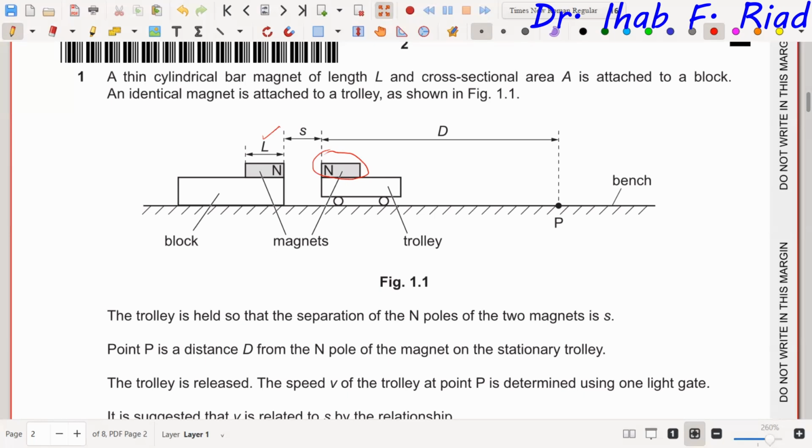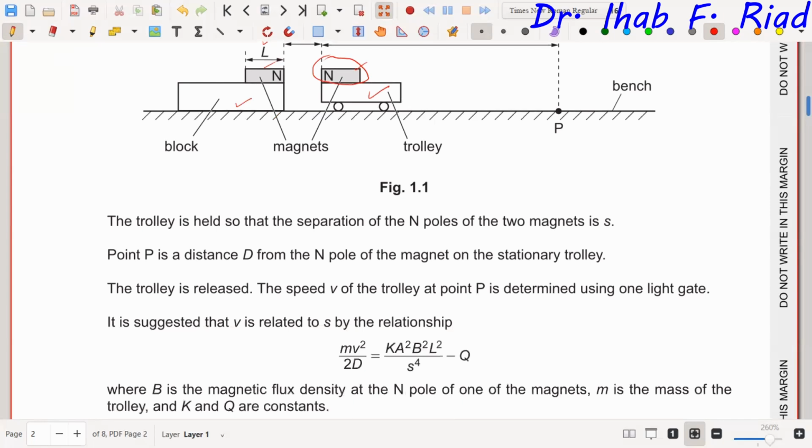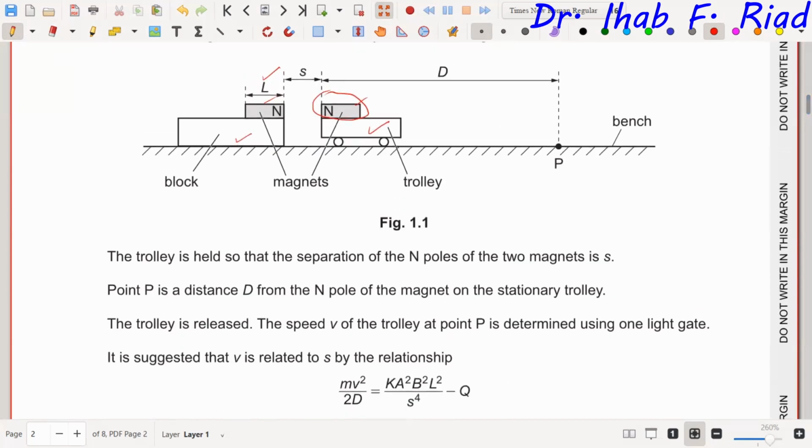And this is the block, this is the trolley, and these are the two magnets as shown. And he's showing us on the sketch a distance D, and another distance S. So the distance S, can you see it, and D?